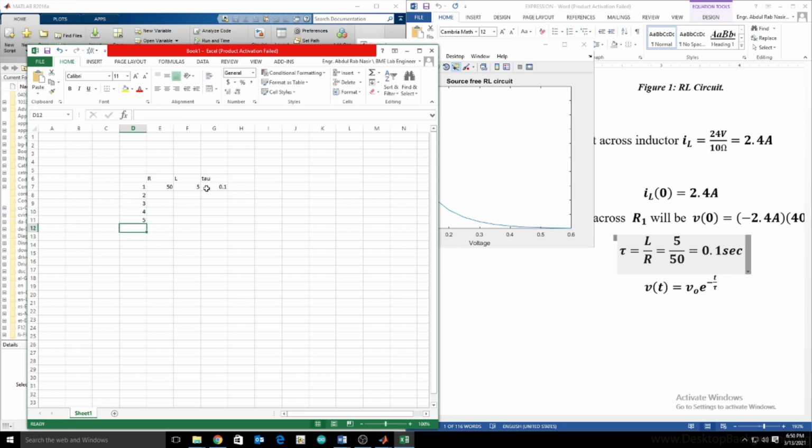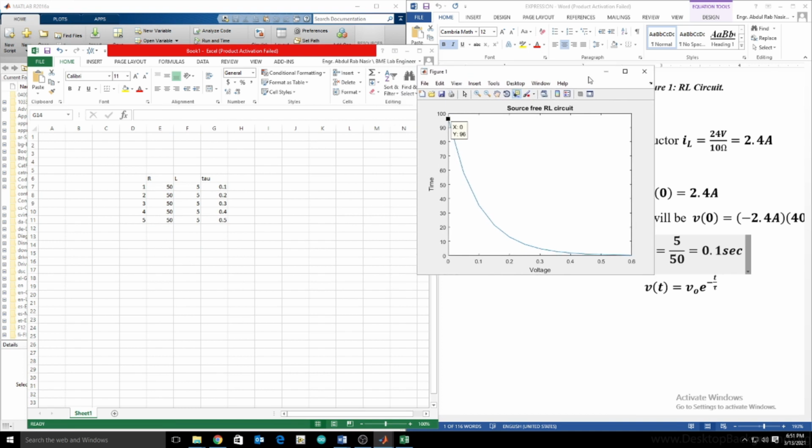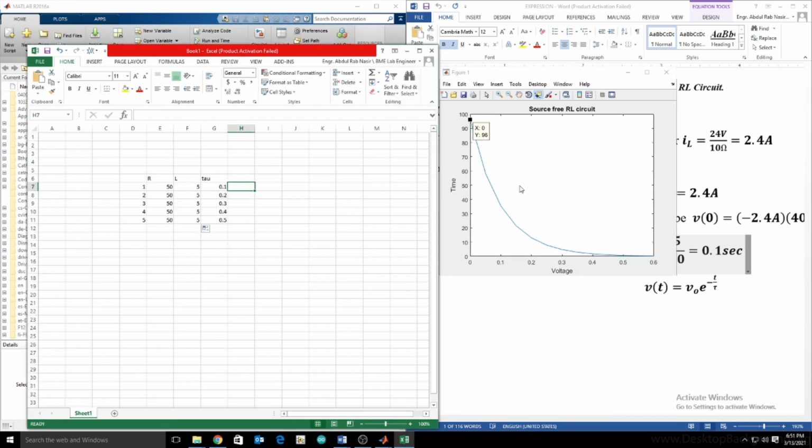I am adding the formula with a bracket here, and it's going to be multiplied by this thing. So the values we can find: at 1 tau, the value will be 35.32.